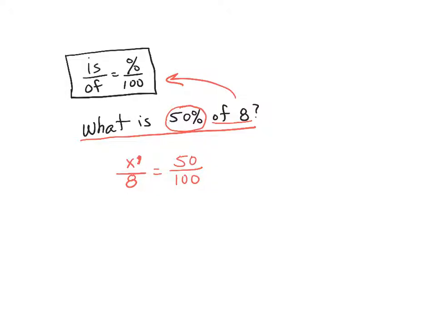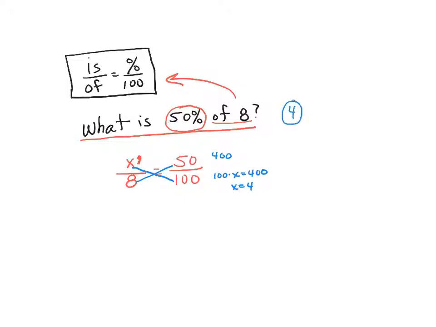Now I can solve that by using the idea of cross products. I know that 8 times 50 is equal to 400. So I know 100 times x also has to equal 400. So x would have to equal 4, because 100 times 4 is equal to 400. So the answer to this is 4.